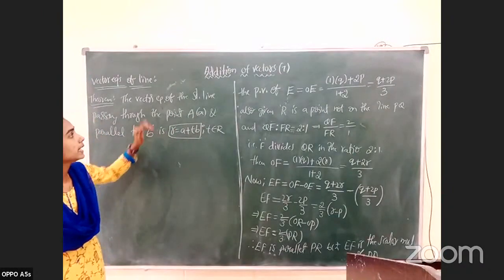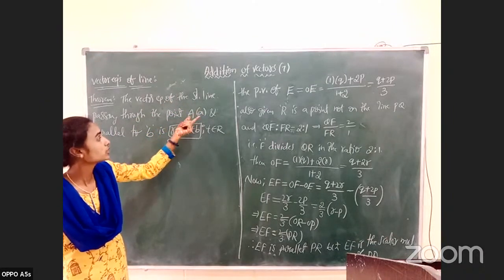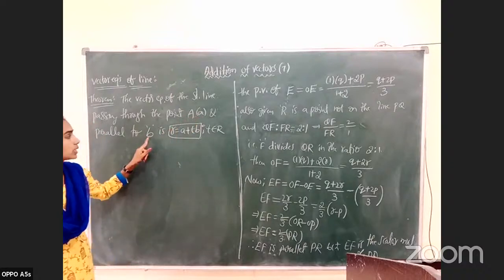Here we have to find a straight line equation. The straight line is passing through this point and is parallel to this vector.